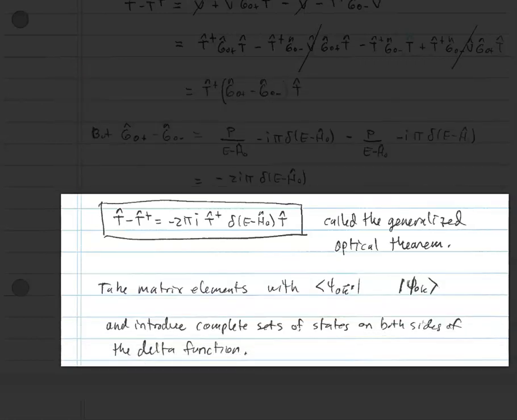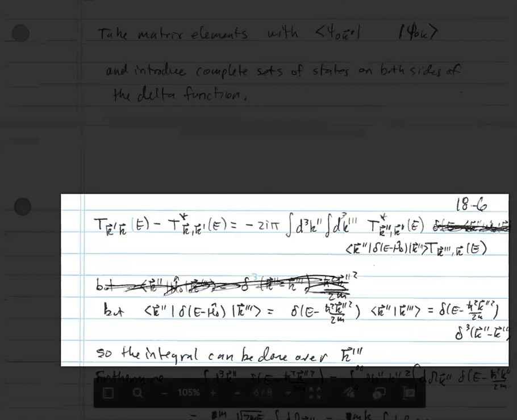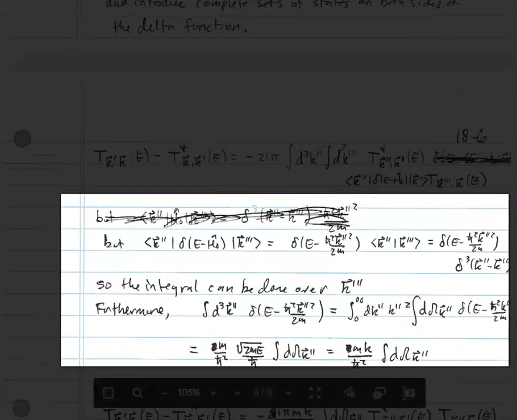We can now take this operator identity and look at matrix elements of it. We're going to multiply by a psi 0 k prime from the left using a bra and a psi 0 k from the right using a ket. We're going to introduce a complete set of states on both sides of the delta function using energy states, or if you like, momentum states, which are also energy eigenstates.